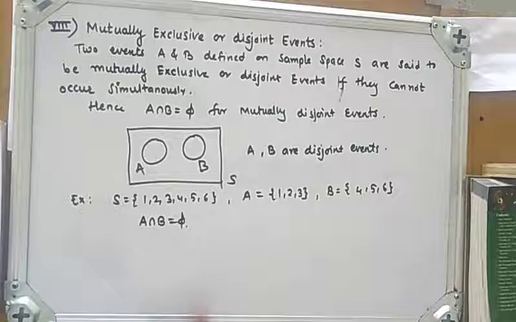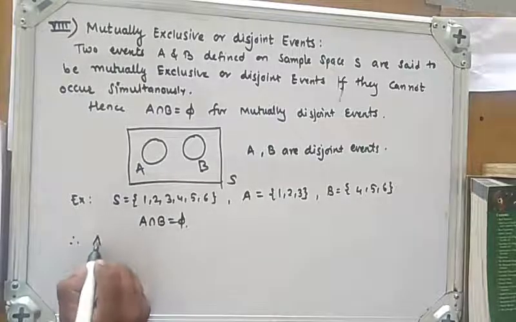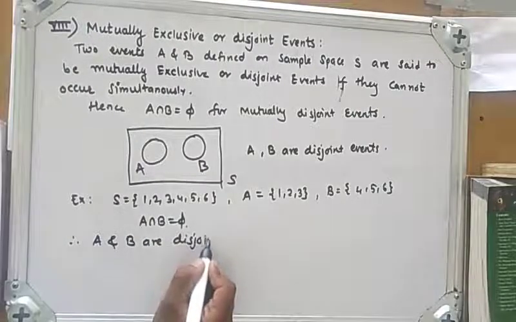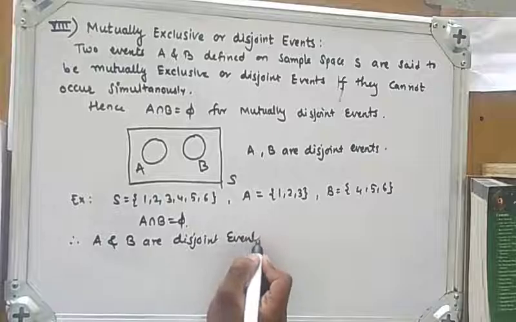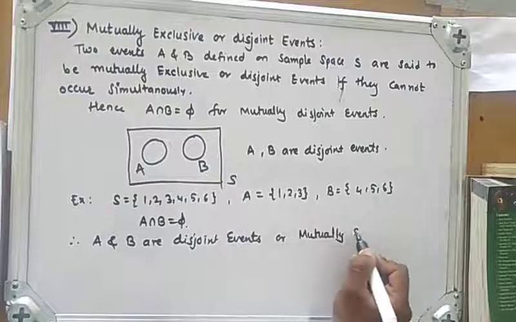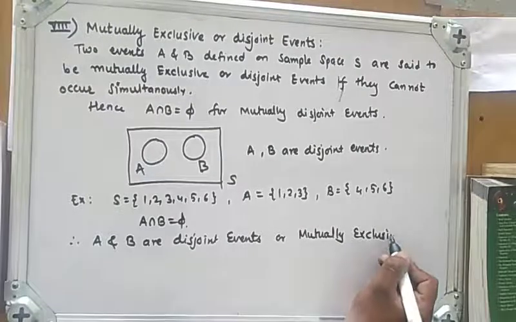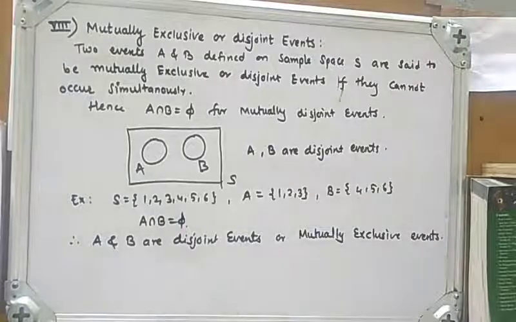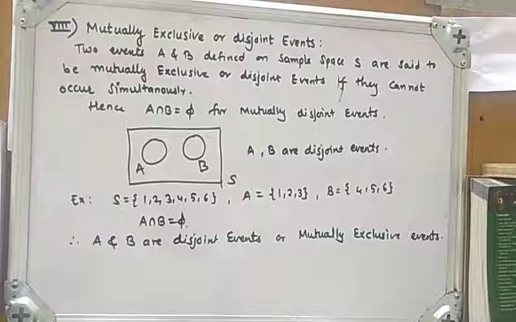Then we say that A and B are mutually exclusive or disjoint events. So this is the 8th event, mutually exclusive or disjoint events, meaning there are no common elements between the given two events.